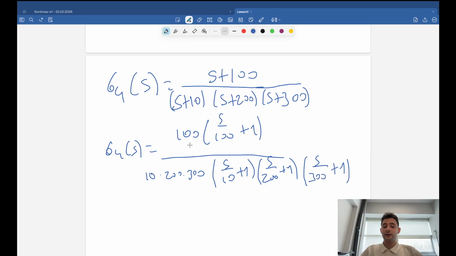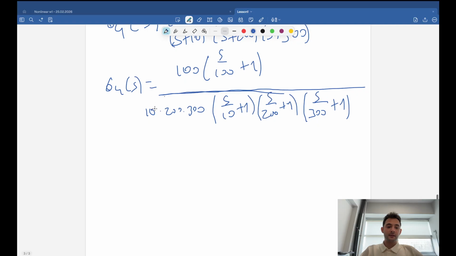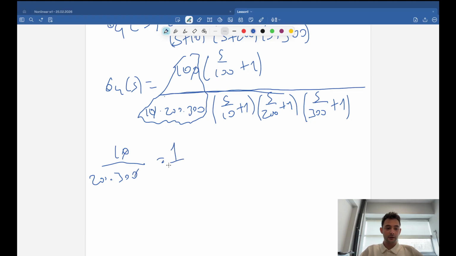I know my handwriting is bad, but I want to be quick. So it's going to be something like 10. I'm trying to get the DC value. So it will be 10 over 200 times 300, okay? And this goes, so it's 1 over, is it 6,000? 1 over 6,000. So this is a really low value, but it's not important.